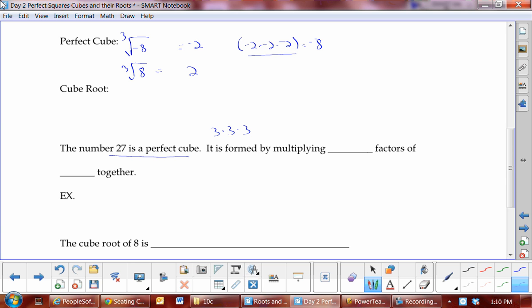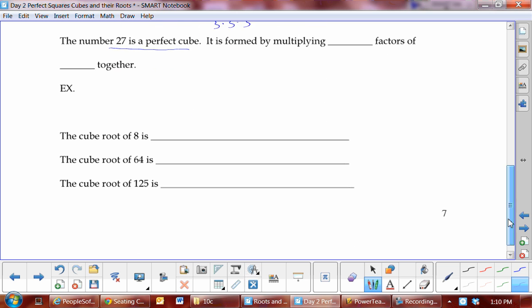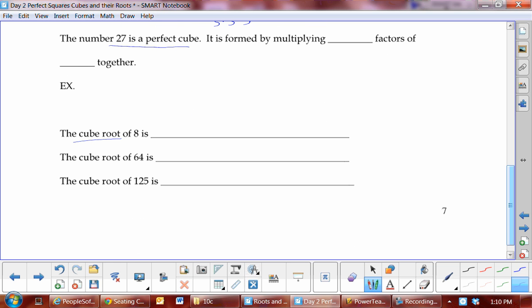Now, we'll talk about this more when we get to the other page, but don't mix the cube root up with the cube of, okay? Or 8 cubed, I should say. 8 cubed means put a 3 on top of it. The cube root of 8 means, and that's where you get your 2.